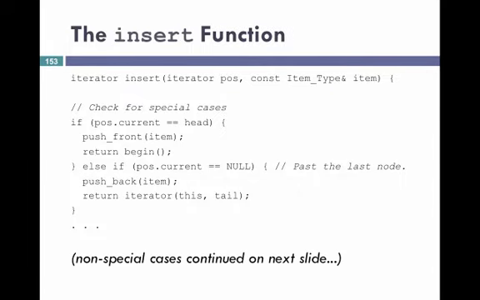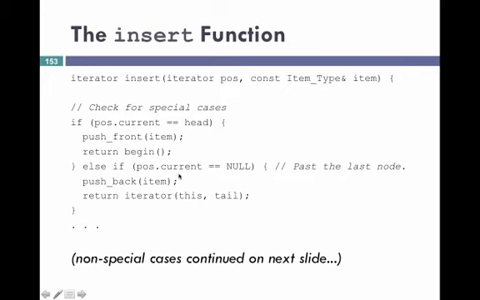The insert function takes an iterator as a parameter and an item, and the idea is we're going to insert that item at this position. So we check for special cases. If the position is currently the head, then we push it to the front, and we return begin, which is an iterator to the front of the list.